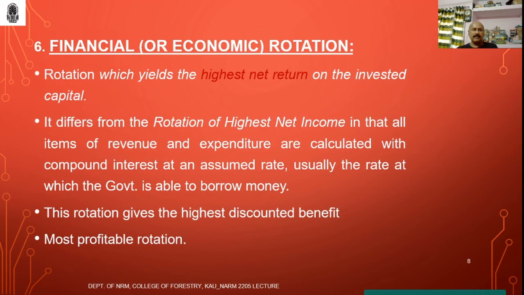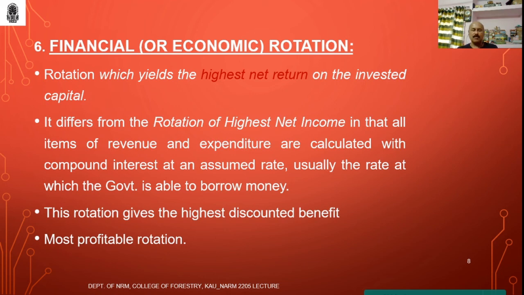Now, the last one is financial or economic rotation, again connected with a lot of economics, bookkeeping and accounting. It takes into account all the expenditure involved and tries to balance it with the revenue. It is the rotation which yields the highest net return on the invested capital. It differs from the earlier rotation of highest net income, or forest rental, in that all items of revenue and expenditure are calculated. That is why I said it is a balancing act between revenue and expenditure.